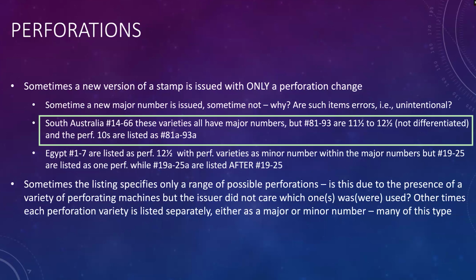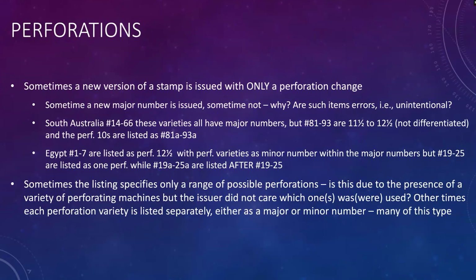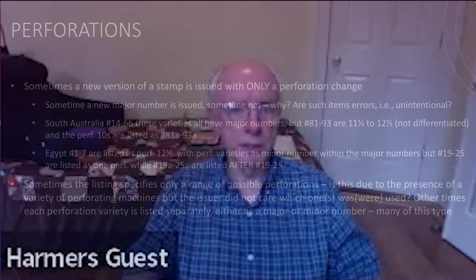And the perforation 10 varieties of those numbers are listed as minor numbers. Is this because the perforation machines were so inaccurate that they really had no control over what the perforations were? Were they issued first in one perforation and then another? You have no idea. They haven't specified this.